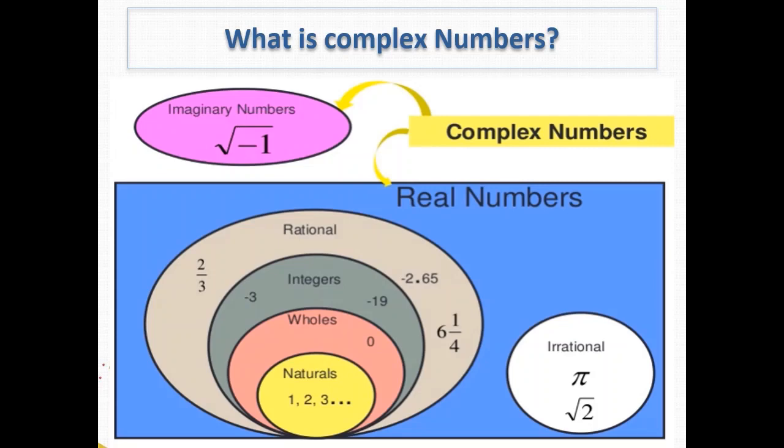Okay, so now you know what a complex number is. The idea of the complex number is to solve polynomial equations that have no real solution. So in our daily problems, in real life, we are not only solving real number problems, we can also solve problems that were impossible to solve before.